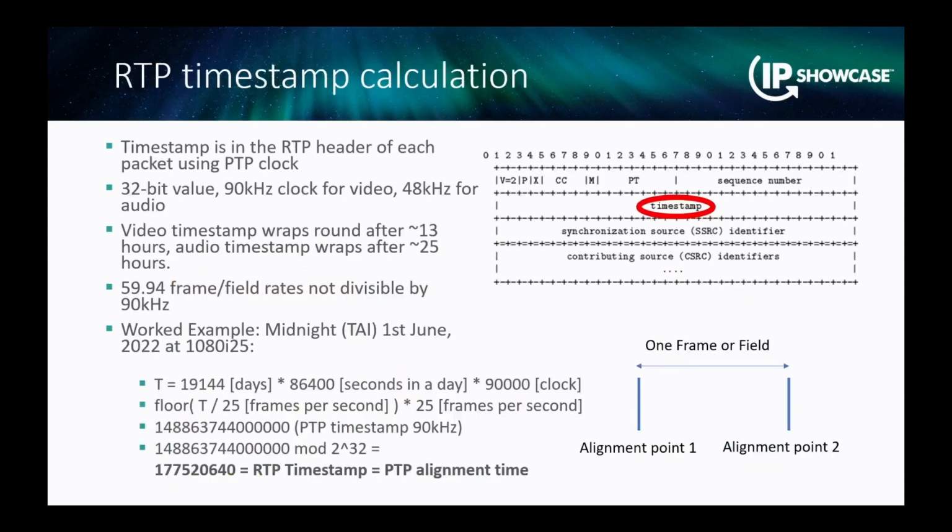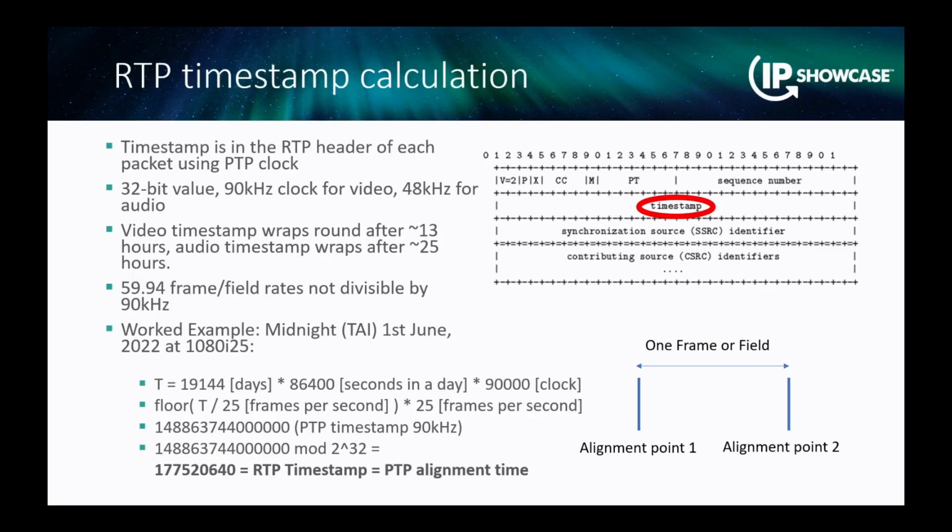So let's look at the timestamp calculation in RTP. That on the right is what's known as an RTP header. We use the PTP alignment point clock value in its timestamp header. Unfortunately, it's a 32-bit value, and it has different clock rates: a 90 kilohertz clock for video and 48 kilohertz for audio.